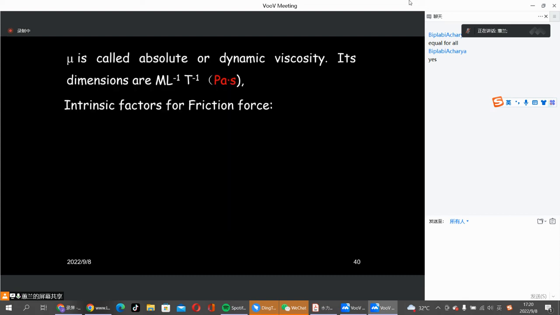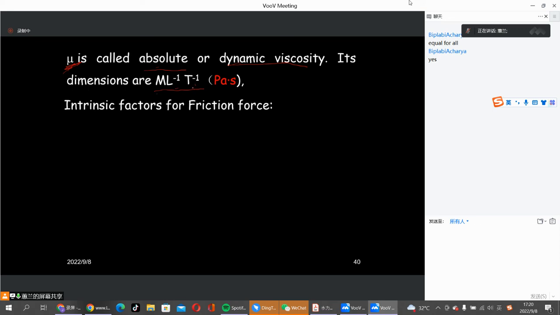Okay, now for fluid viscosity, we use this Greek letter mu to indicate it. This one is called absolute or dynamic viscosity. Its dimensions, again, are a combination of mass, length, and time.